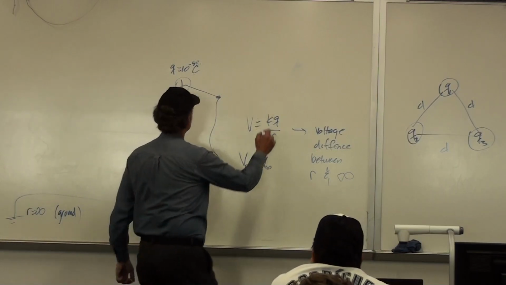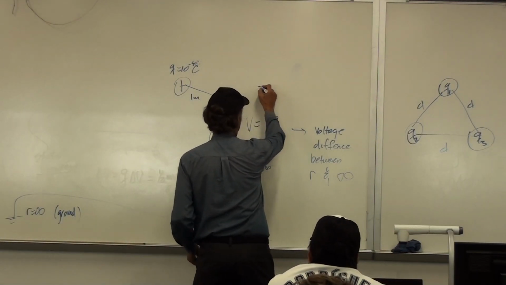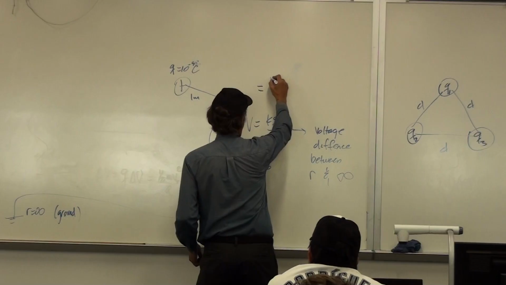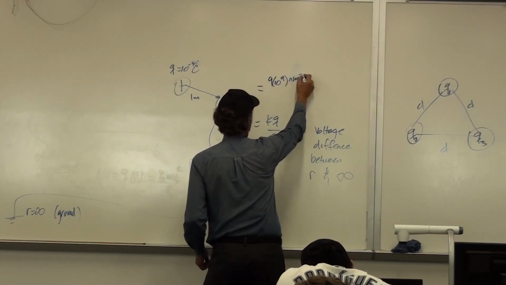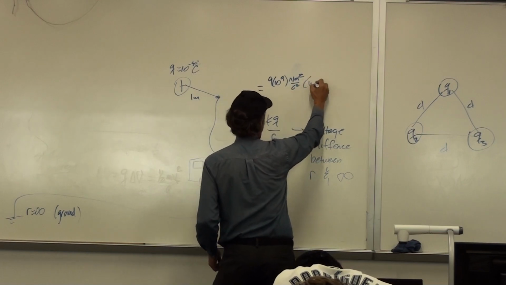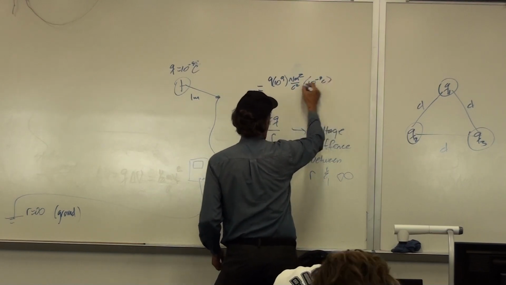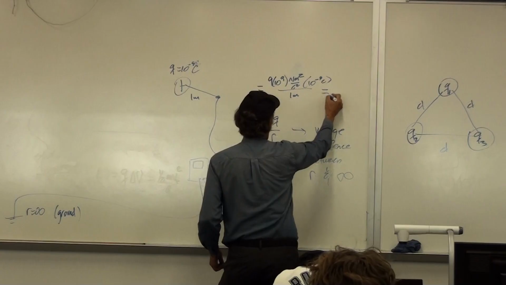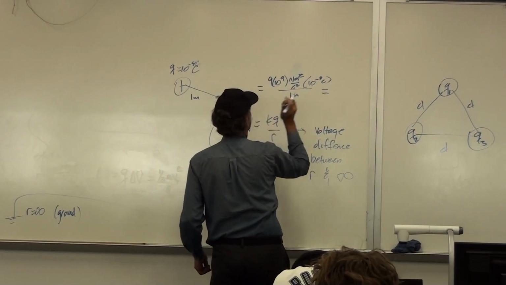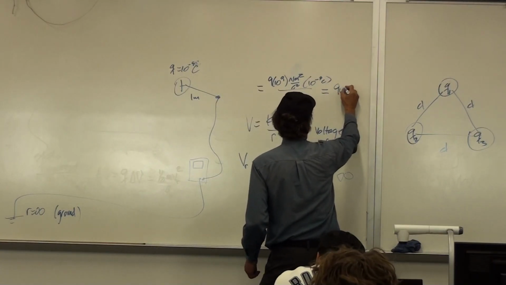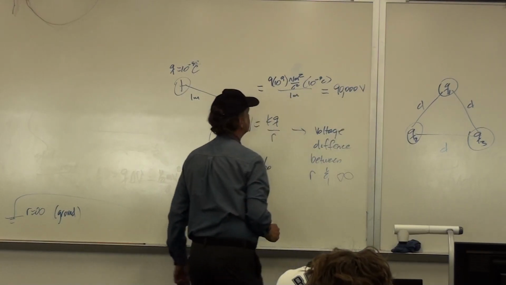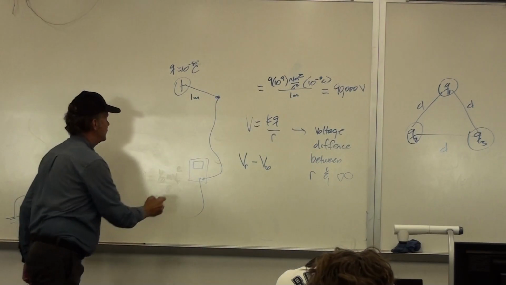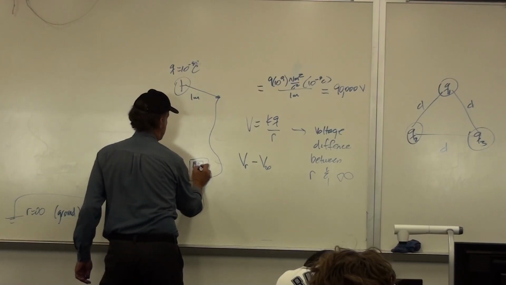And so in this case, if Q is 10 to the minus 5 coulombs and R is 1 meter, then this would be 9 times 10 to the 9 newton meters squared per coulomb squared times 10 to the minus 5 coulombs divided by 1 meter. Now that would give us 9 times 10 to the 4, or 90,000 volts. So that's what we read here, is 90,000.